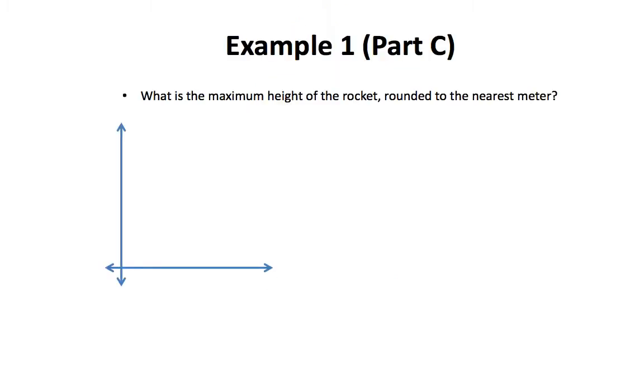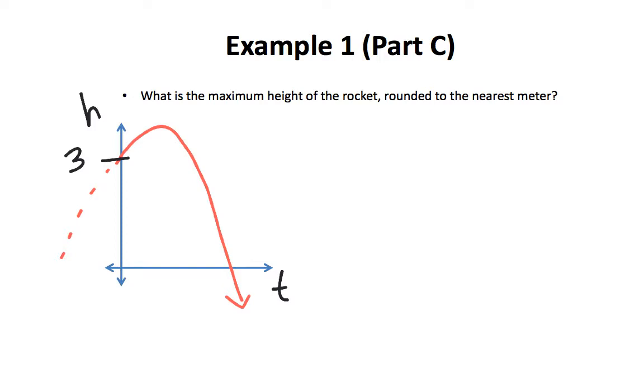In part C, we want to find the maximum height of the rocket rounded to the nearest meter. Again, we're going to do a rough sketch of our parabola. On our y-axis, we have height, and on our x-axis, we have time. We already know that the initial height of the rocket is 3 meters.